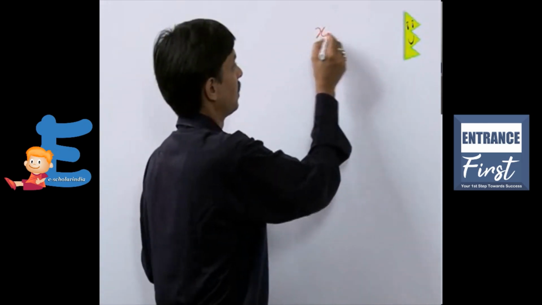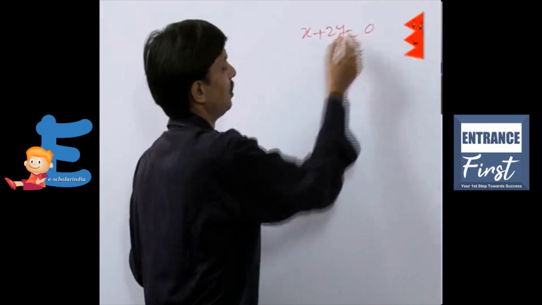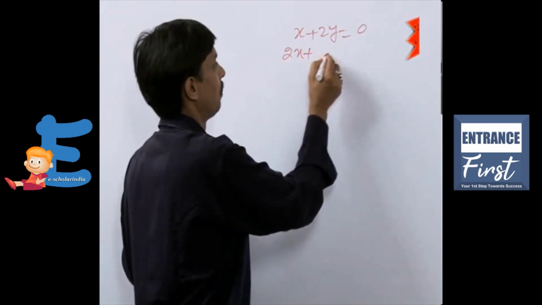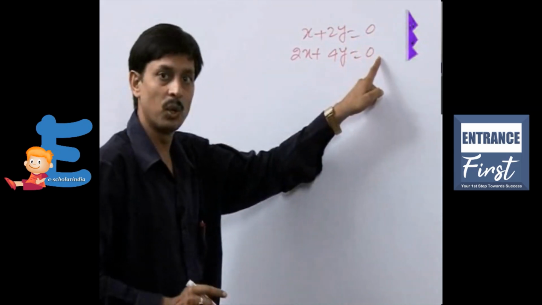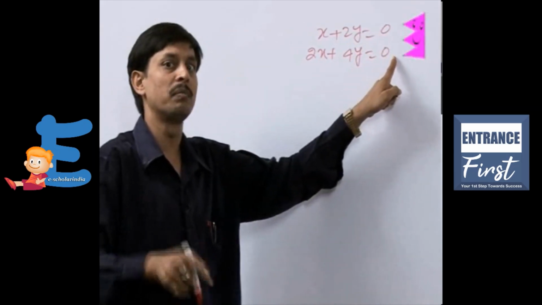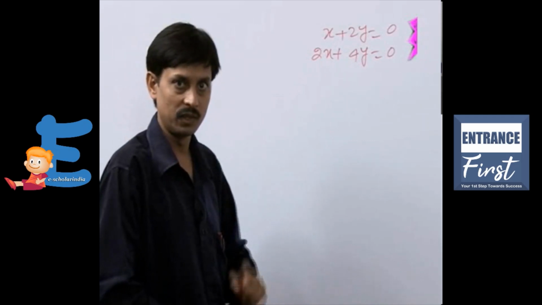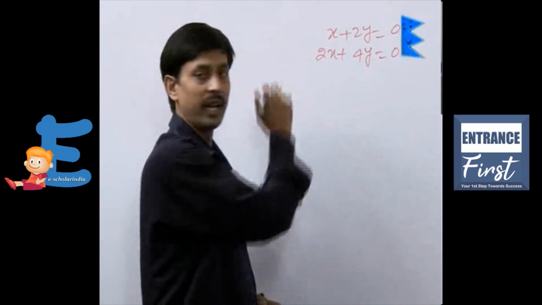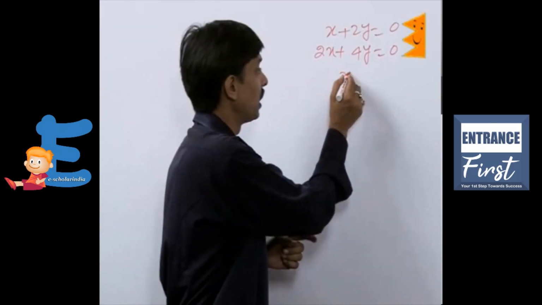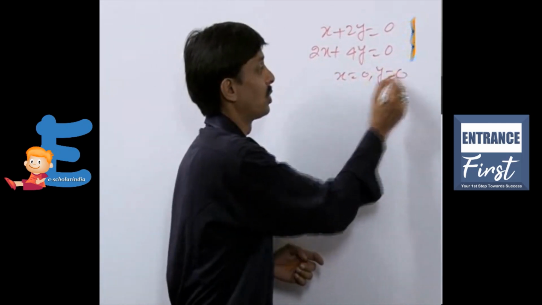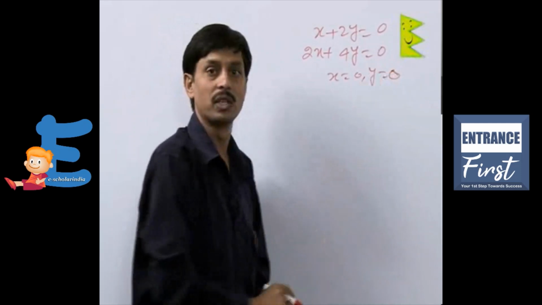Like this: x plus 2y is equal to 0, 2x plus 4y is equal to 0. As C1 and C2 are 0, the graphs of these two lines must pass through the origin. Number 1. The second is that here the solution 0, 0 will also satisfy this set of equations.